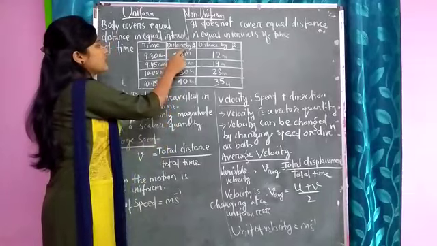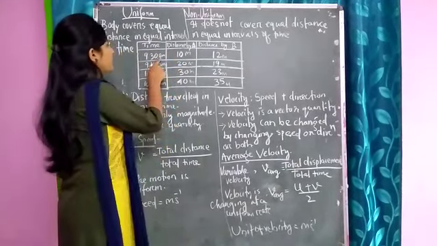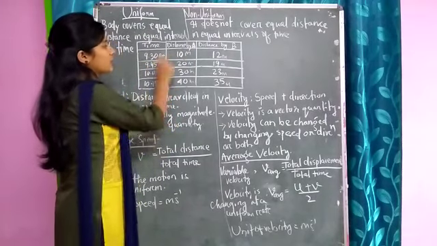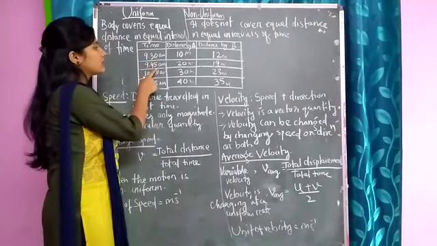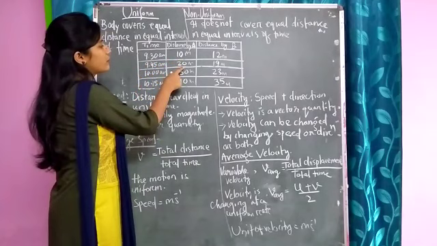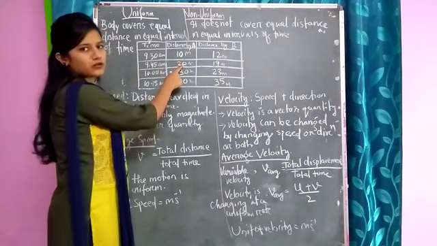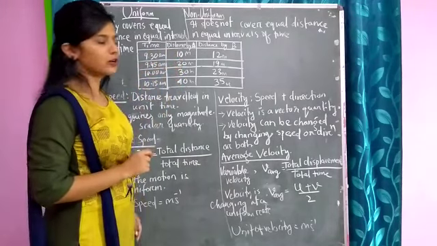Now let us see the distance travelled by body A. At 9:30 it has covered a distance of 10 meter. For the next 15 minutes, how much distance does it cover? 10 meter, that means 20 minus 10, again 10 meter.